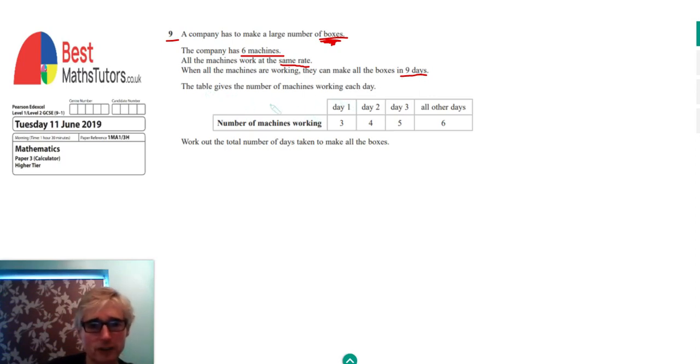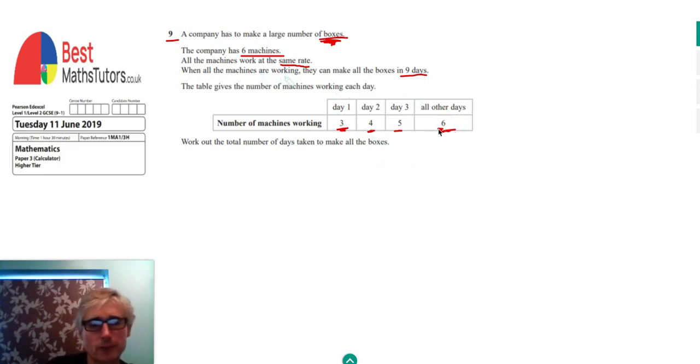But we've also been given a table, which shows us how many machines are working on each day. So it could be a factory that's just been opened, and on day 1 we've only got 3 of the machines. Day 2 we've got 4 of the machines. Day 3 we've got 5 of the machines, and then we're up to full strength. We've got 6 of the machines after that.